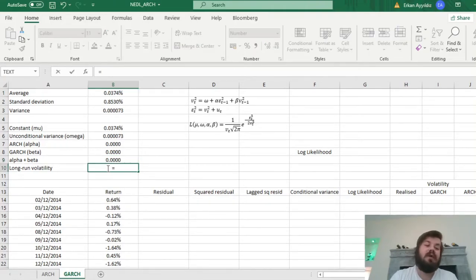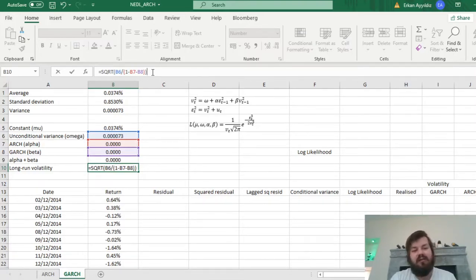In that case, long-run variance is the unconditional variance divided by 1 minus alpha minus beta. And the long-run volatility is the square root of the long-run variance, so it's the square root of unconditional variance divided by 1 minus alpha minus beta.